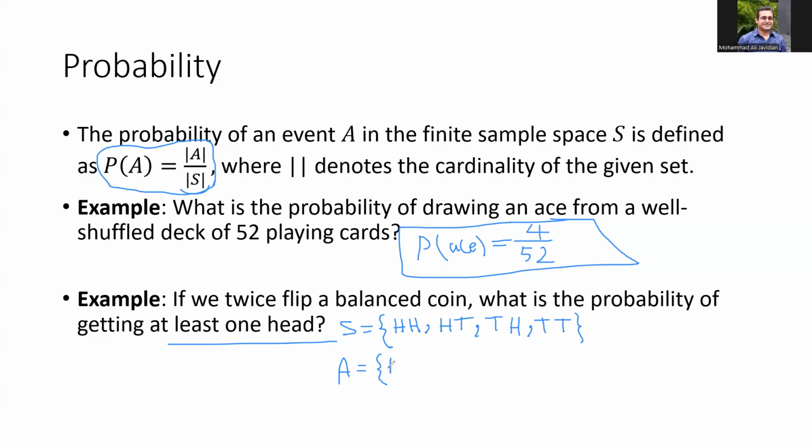So that means HH, HT, and TH. In that case, the probability of A equals 3 divided by 4, or 0.75.